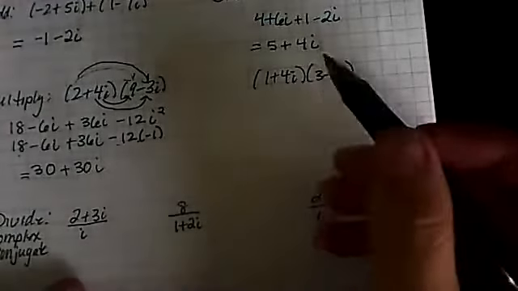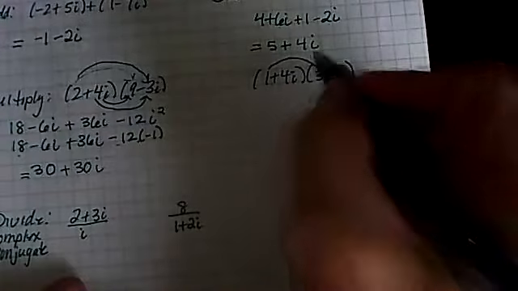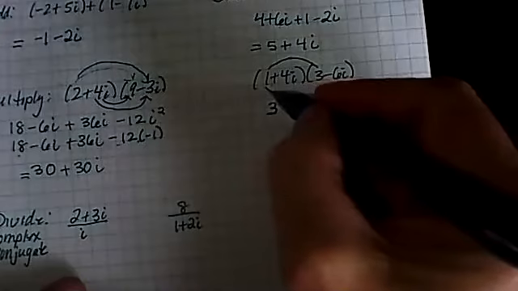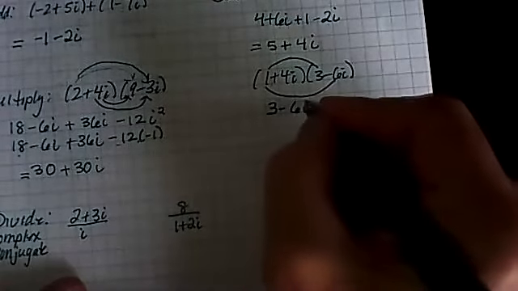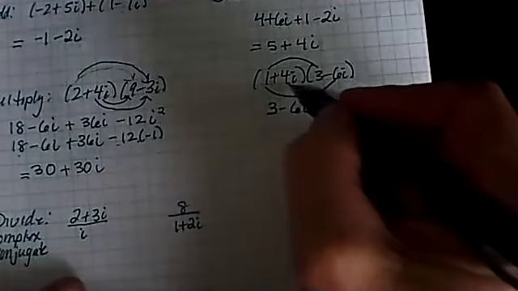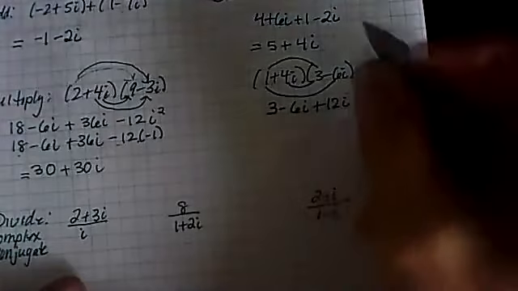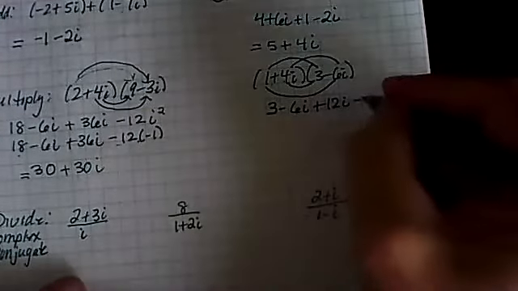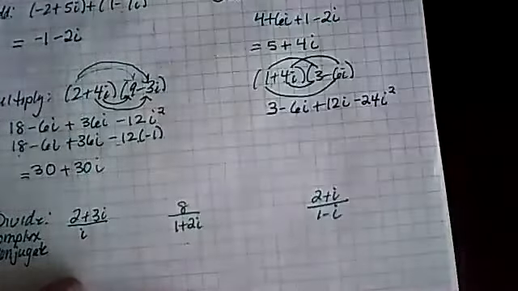So let's use FOIL on this one. We'll do our first terms, 3 times 1. Then our outside terms, -6i times 1. Our inside terms, 4i times 3. And then our last terms, 4 times -6, -24 i squared.